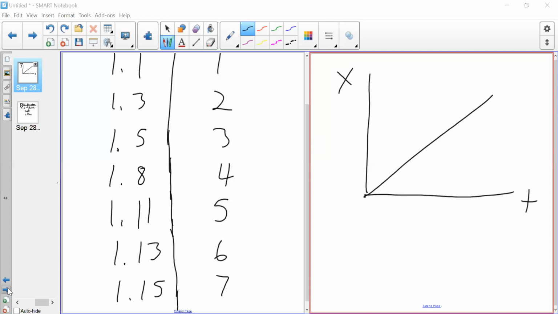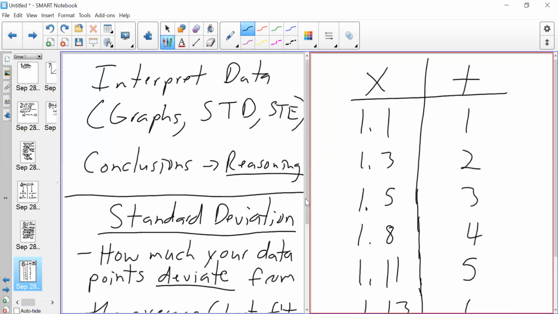So basically, again, what is standard deviation? It is how much all of your data points fluctuate from this average.